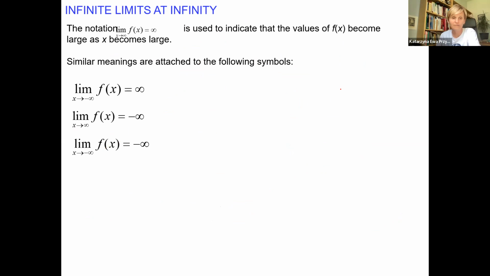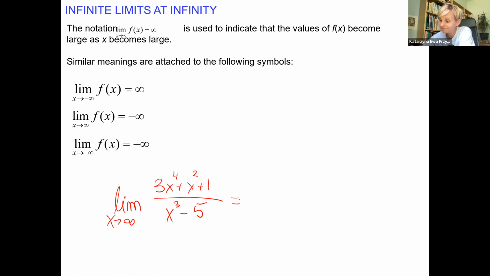I think we mentioned that we may have limits at infinity which are infinite limits. That is, when we compute a limit at infinity, x approaches infinity, and the function also goes to infinity. Remember rational functions. For instance, as x goes to infinity, 3x to the power of 4, x squared plus 1, over x cubed minus 5.